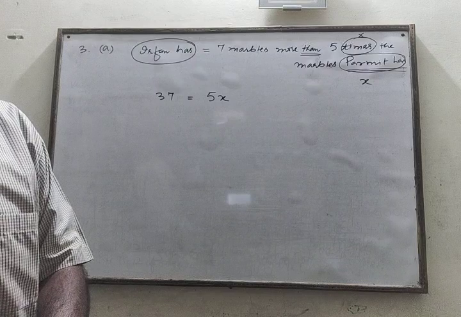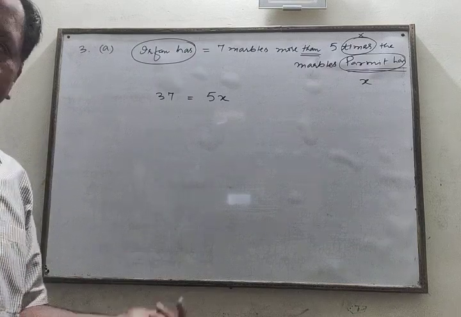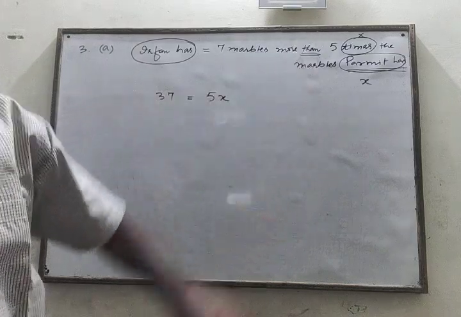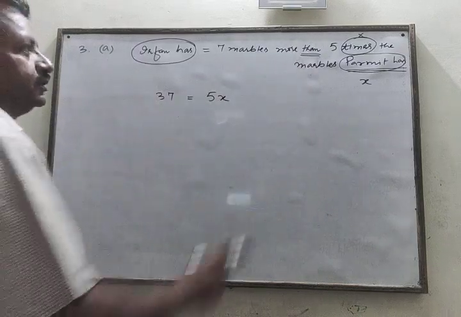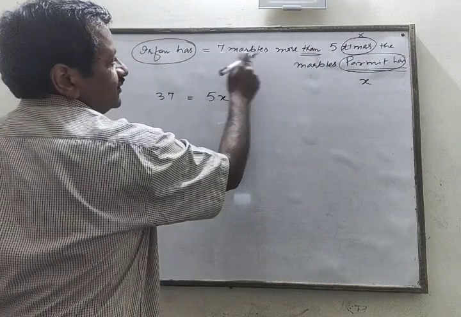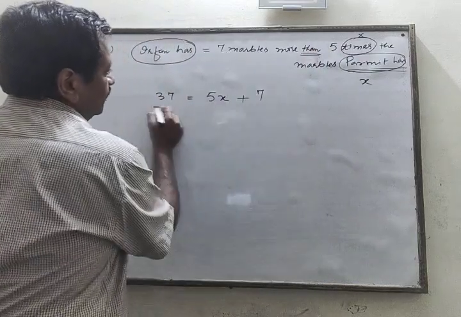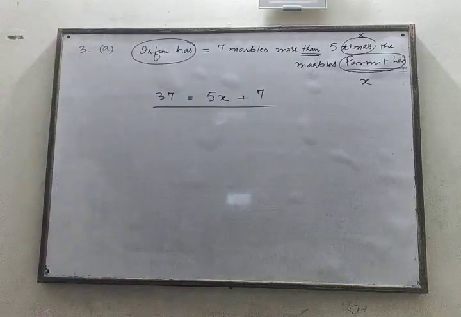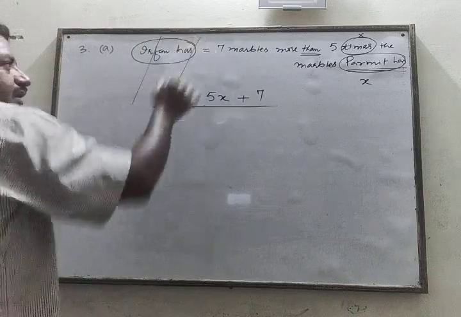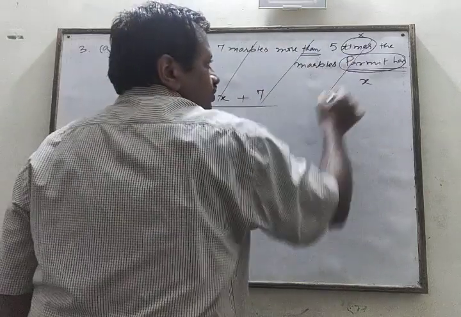The number written after from will be written first. From in case of subtraction, than in case of addition. So 5x plus 7. So this will be our equation. So this is the understanding part. This we will do in rough to understand the question.